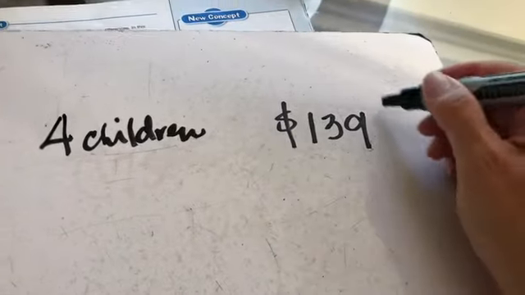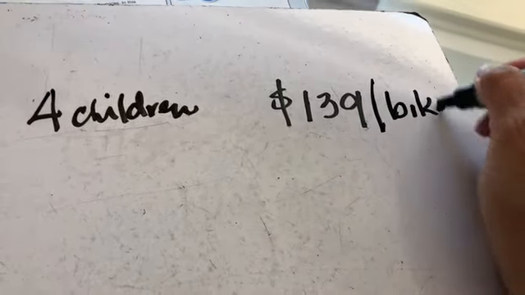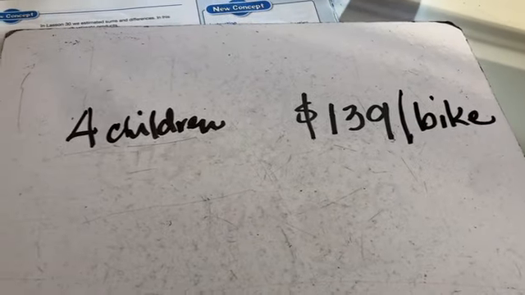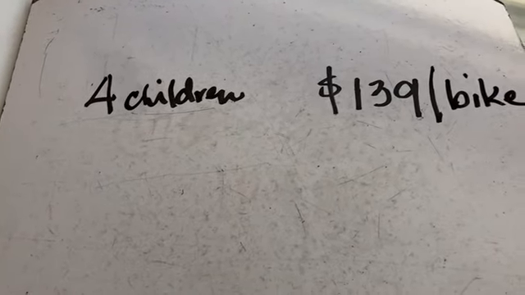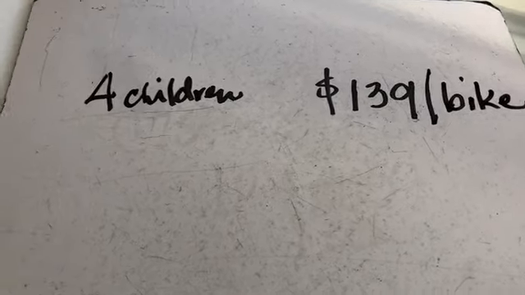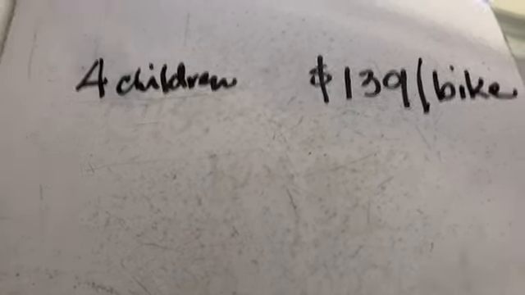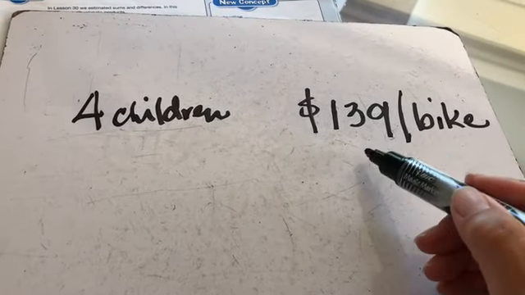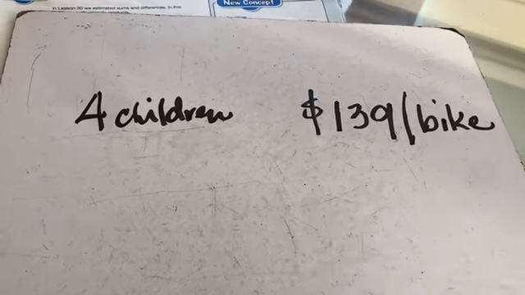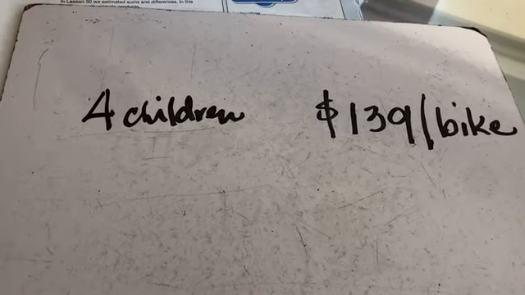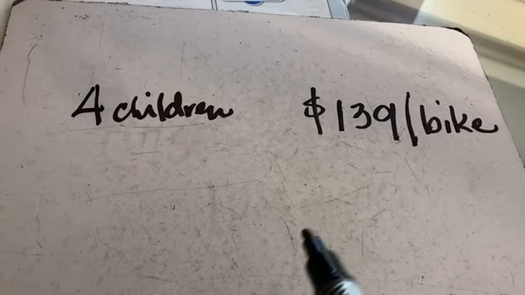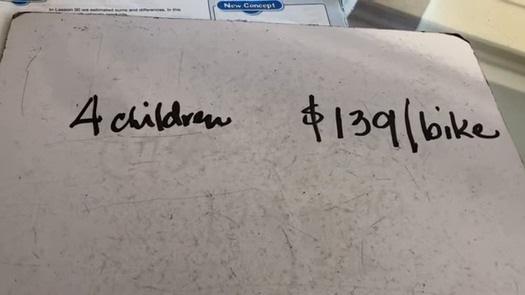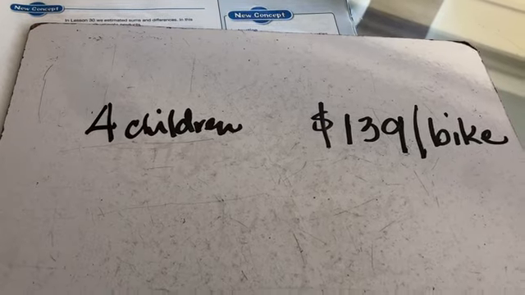And it's $139 a bike. So they wanted to figure out about how much money they were going to spend. So what we need to do is round the $139 to the nearest 100. Anytime you have a 3-digit number, you want to round it to the nearest 100.